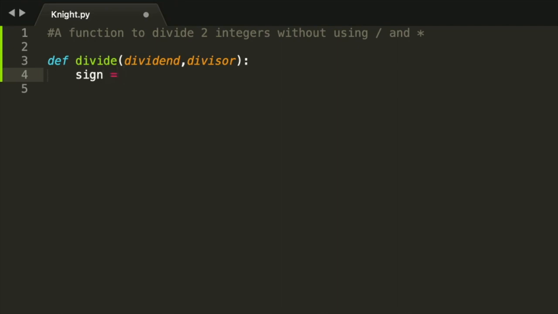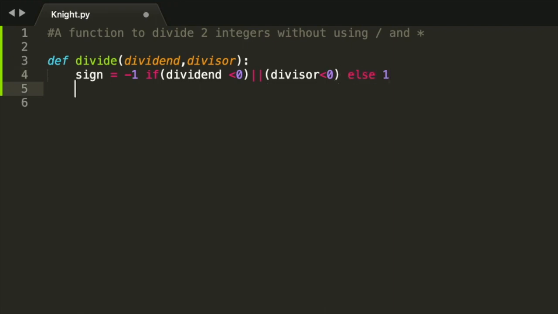Sign is equal to -1 if dividend less than 0, or divisor is less than 0, else 1.